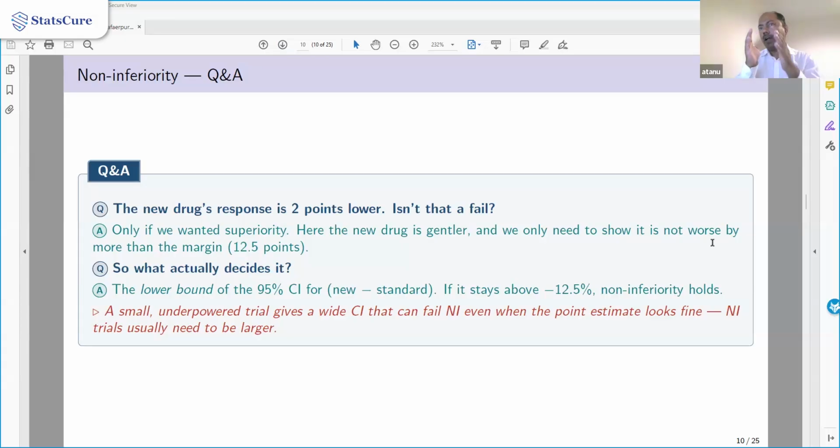Let's say one arm has a 50% success rate and another arm has a 45% success rate. That delta comes to 50% minus 45%, that is 5%. So here you have a 5% delta.